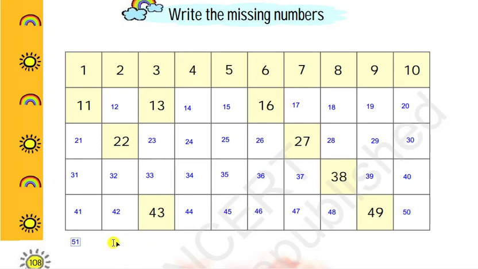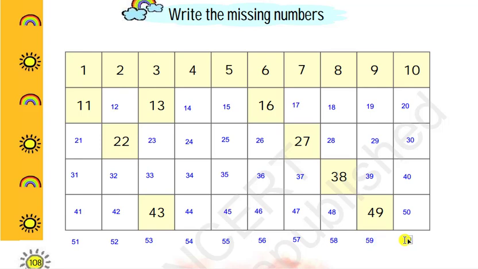So after 50 it is 51, next is 52, next is 53, next is 54, next is 55, next is 56, next is 57, next is 58, next is 59, and at last after 59 what will come?